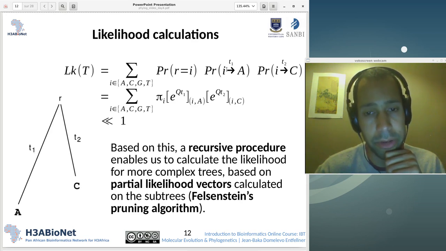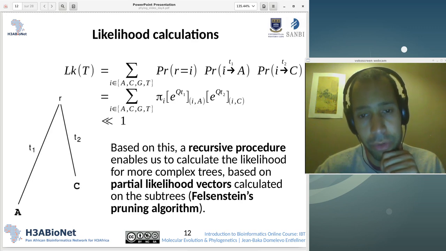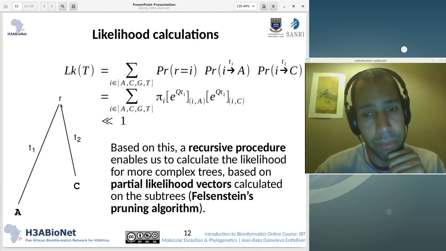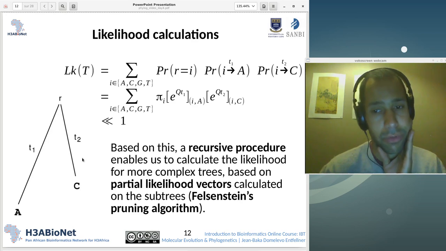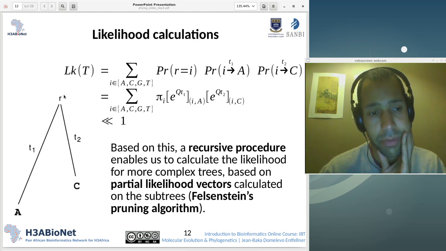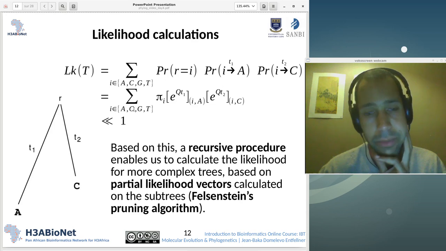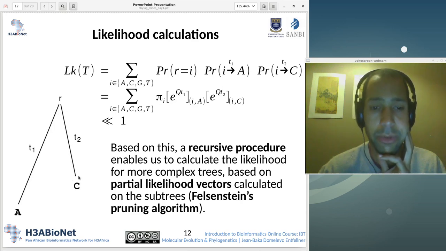So the probability for I to evolve into A over a time T1, and also we must have I evolve into C over a time T2. So the probability for this evolutionary history with a character I here is the product of the a priori probability to have I times the probability of transformation from I to A and the probability of a transformation from I to C on this branch.